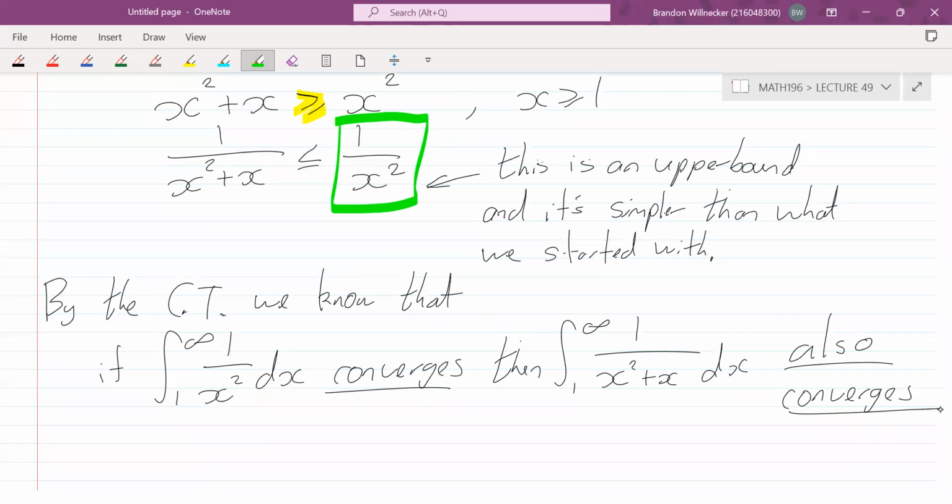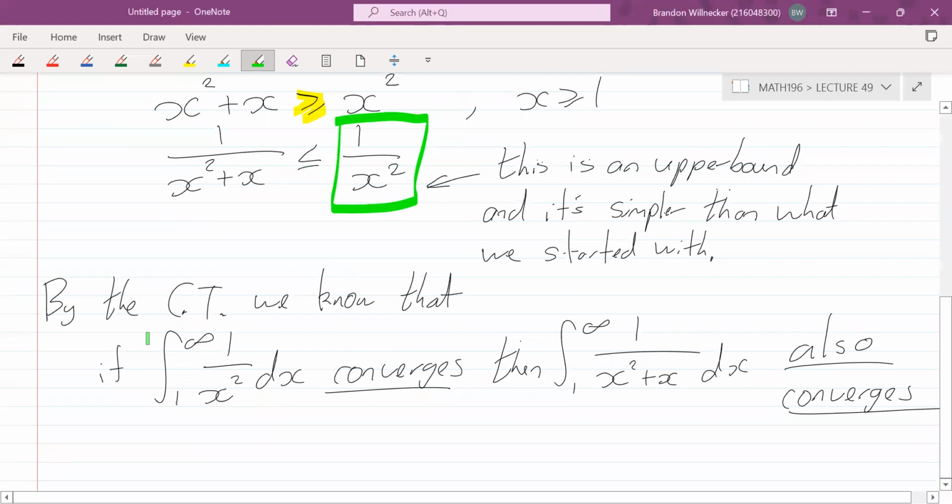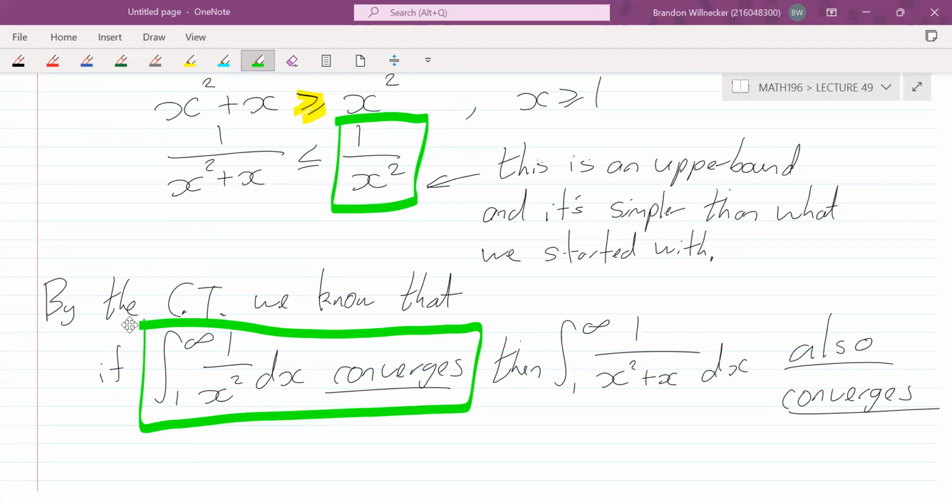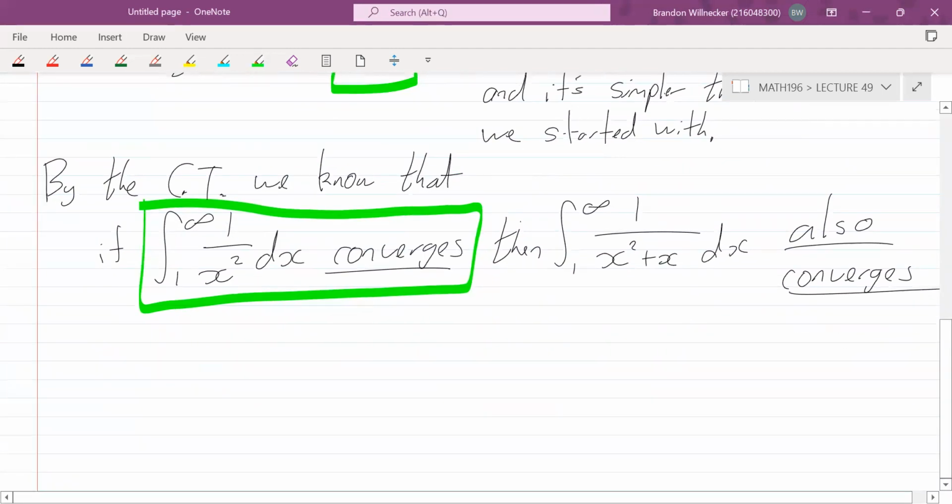So all we need to do is check this first part, and that will answer the second part. Okay, so let's do that.